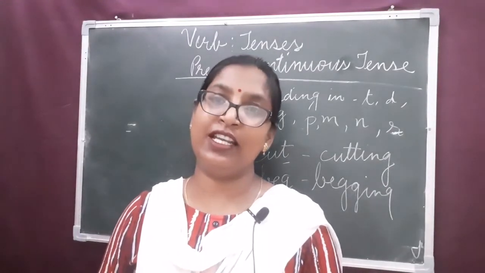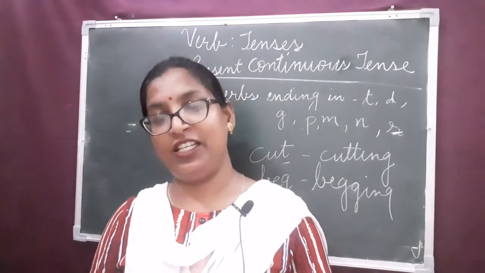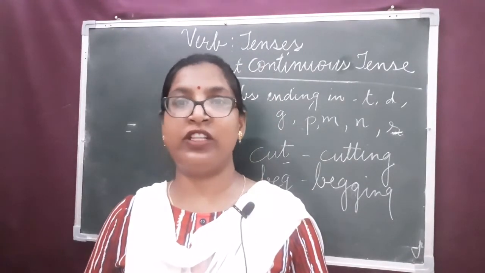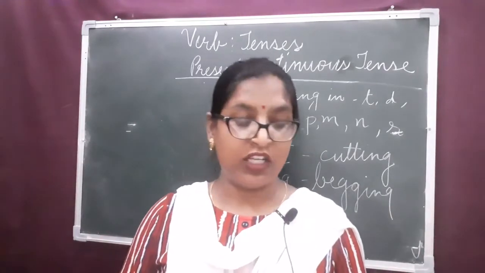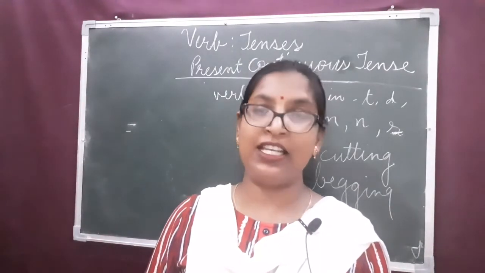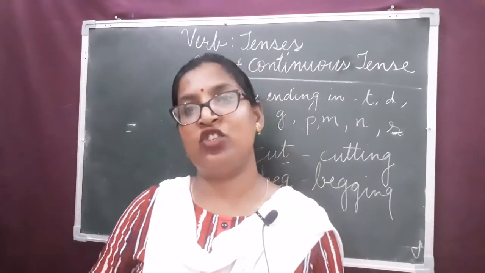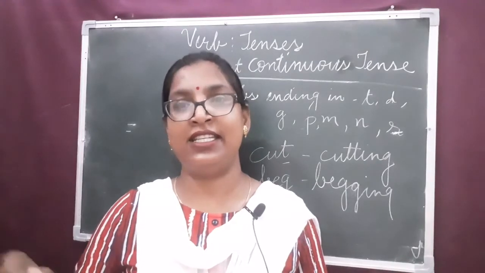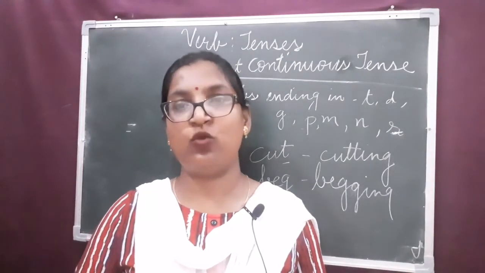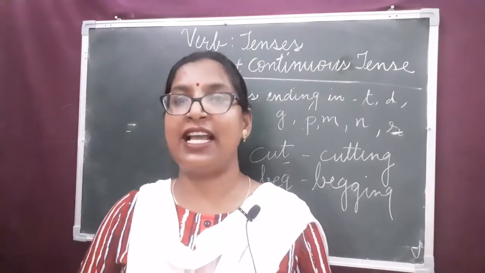And then we studied how to make present continuous tense form of verbs. When the verb is ending in E, we drop E. For example, come ending with E. We add ing with it and drop E, coming. And when the verbs ending in IE is changed into Y. For example, tie, TIE. IE is changed into Y, TYING, tying.